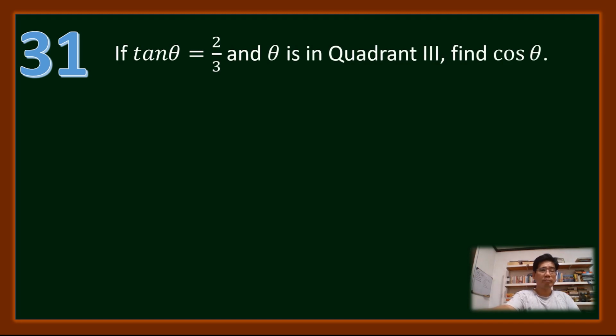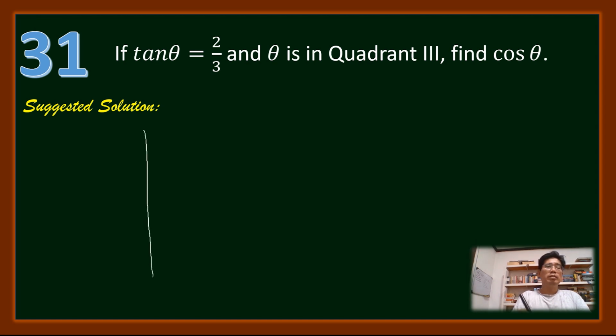Number 31. If tangent theta equals 2/3 and theta is in quadrant 3, find cosine theta. For our solution, we'll use the concept of circular functions. If theta is in quadrant 3, then we have the rectangular coordinate system, the x-axis and the y-axis. The radius vector is in quadrant 3, and we're going to form the right triangle with the x-axis.